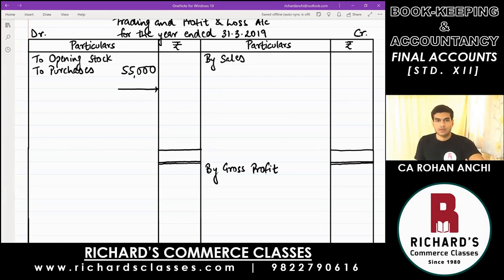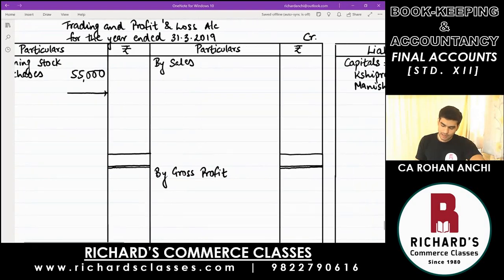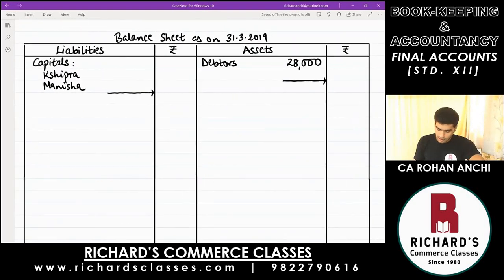Next, furniture is an asset. Back to the balance sheet, write down furniture. Inner column 38,500. Below that, plant and machinery, same place.